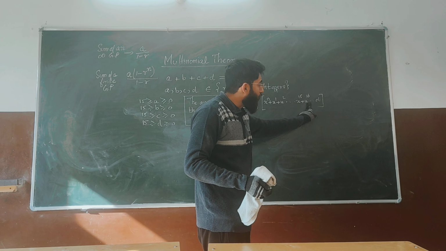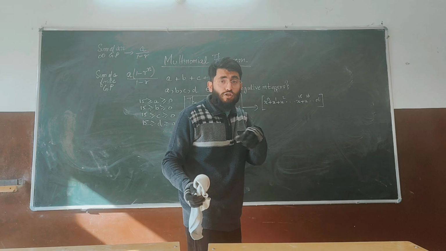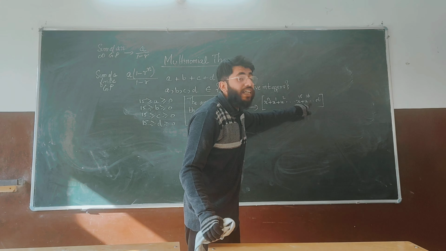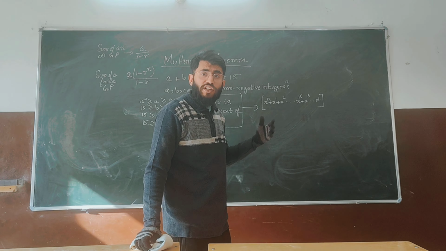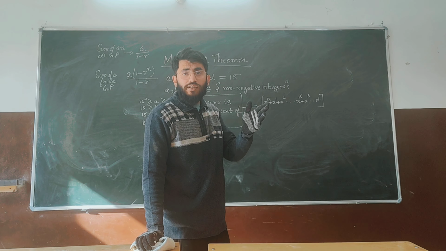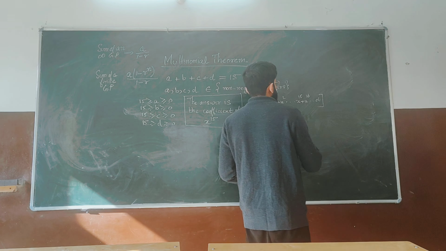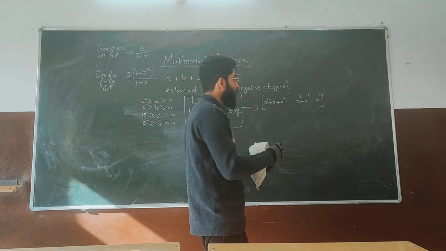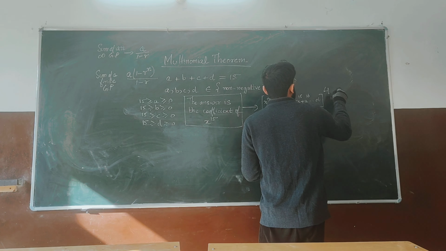Because all the higher powers, after multiplying with x to the power of anything, will give me a power which is greater than 15. So the coefficient of x to the power 15 will not change. Okay? The same thing I can do with all the four brackets, right? So in total, for the 4 brackets, I get this.